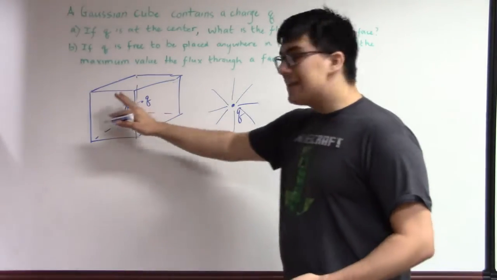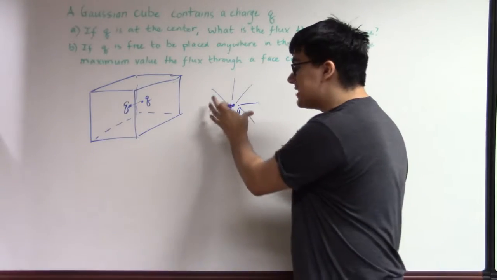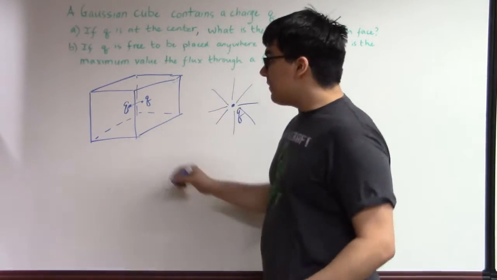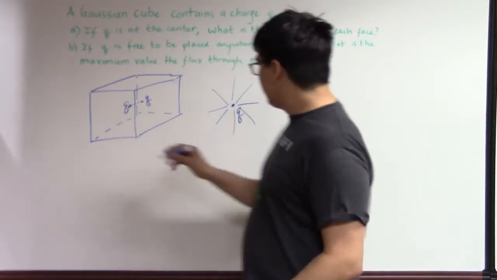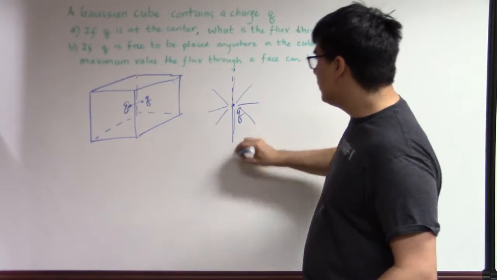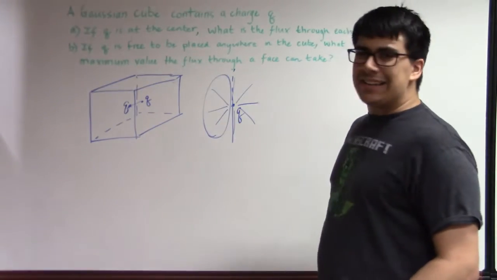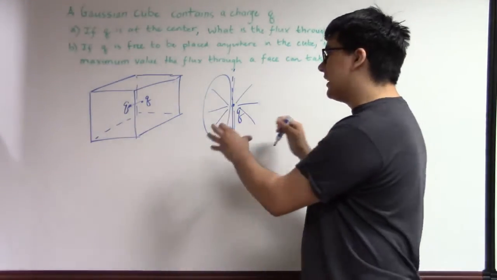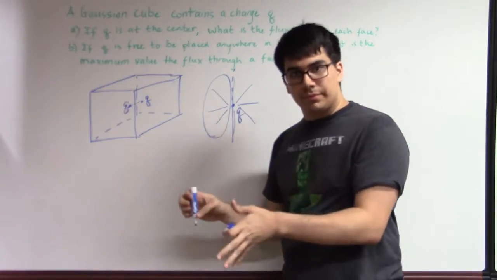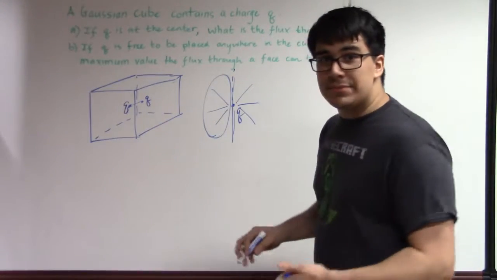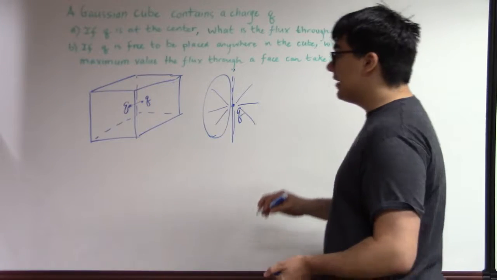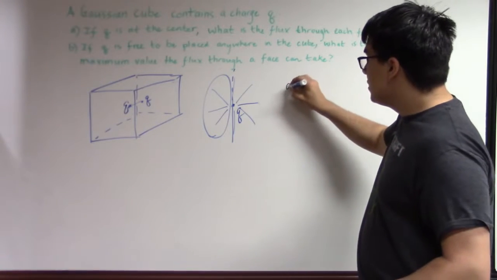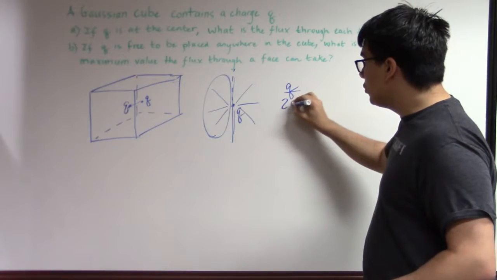So the closer a face is to a charge, the more dense the field lines will get. If I bring q right up to the edge of the cube, exactly half of its field lines will be going through. So the maximum value of flux that can happen through one face is going to be q over 2 epsilon naught.